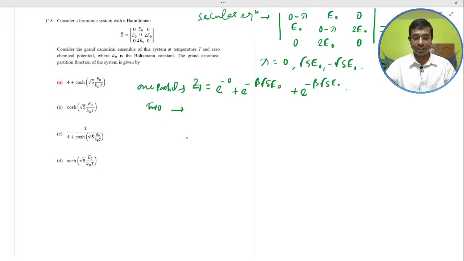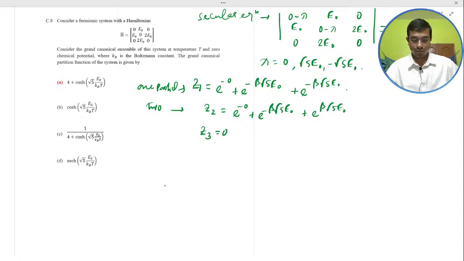For the two particle system, this would become Z2, e to the power minus 0 plus e to the power minus beta root 5 E naught plus e to the power beta root 5 E naught. For the three particle system, the Z3 is equal to 0.